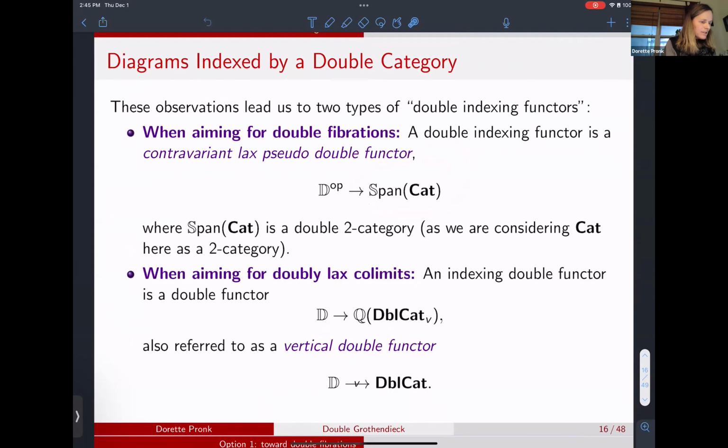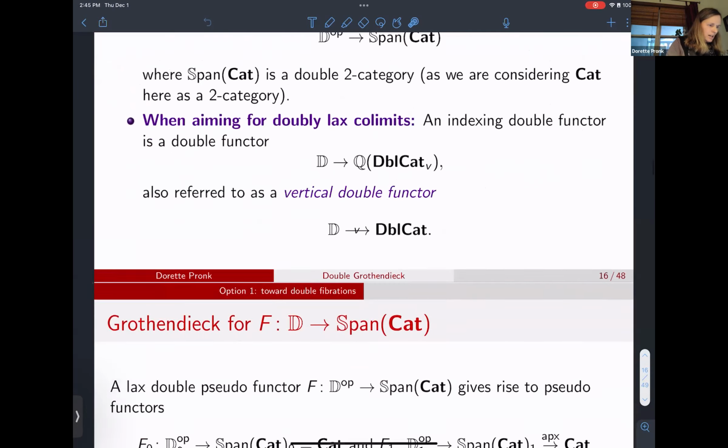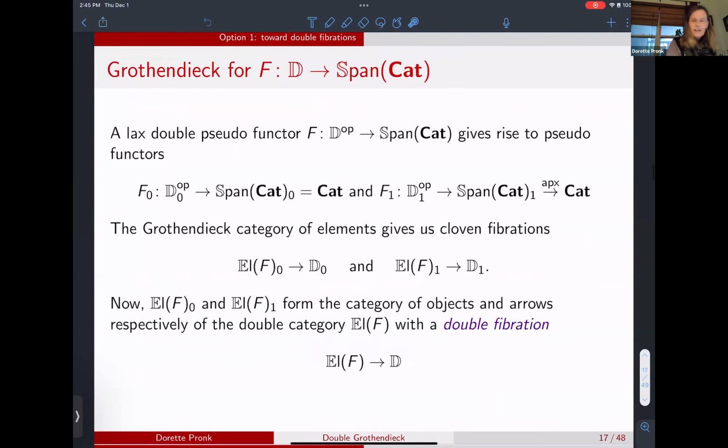When we're aiming for double lax colimits, we are going to look at these functors into Q Double Cat V. And just for ease of notation, because this gets painful to write a lot of the time, we call them vertical double functors from D into Double Cats, but they're really double functors into Q Double Cat V. Okay, so let's do the first case first. So we're going to look for a Grothendieck construction for the indexing functors from D to Span Cat.